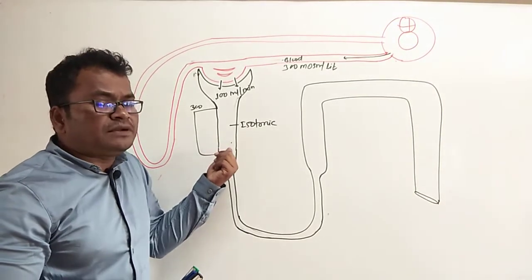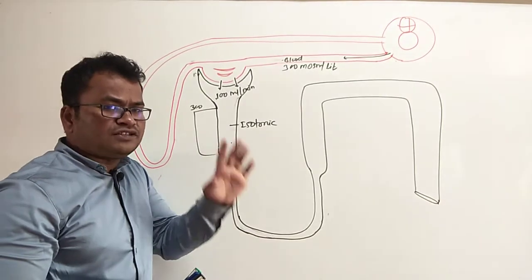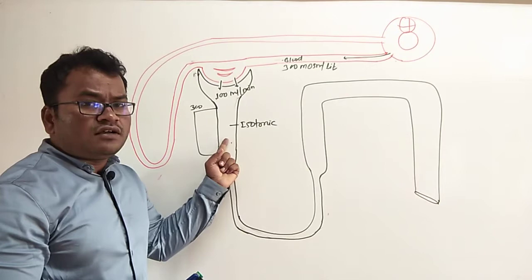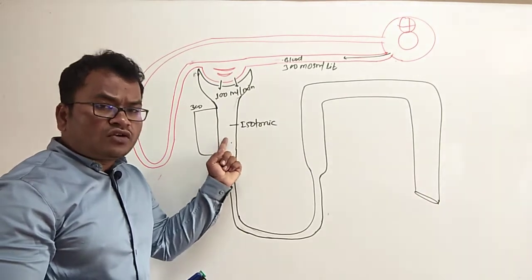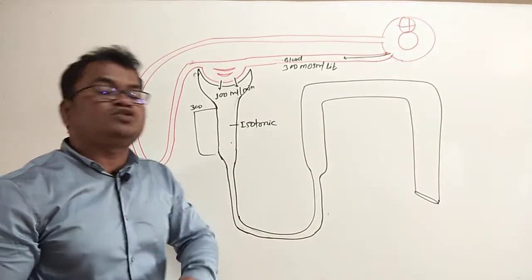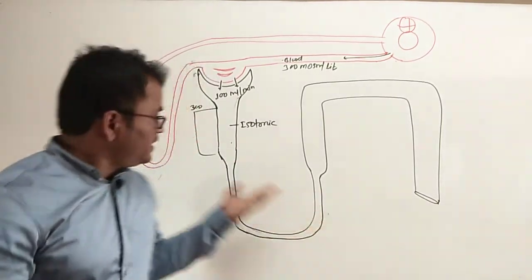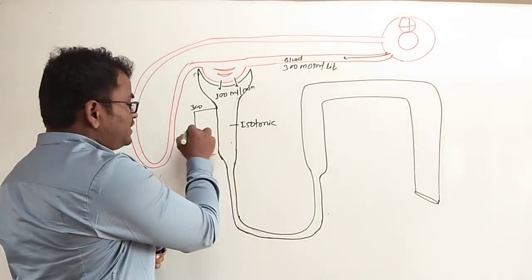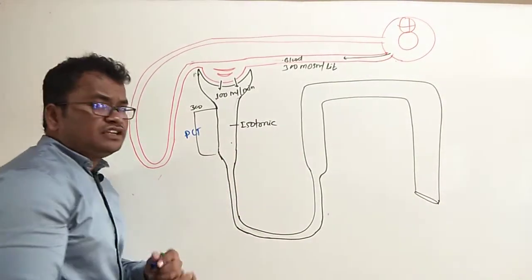Nearly 70% of the filtrate is reabsorbed, and 100% of glucose is reabsorbed. Nutrients, electrolytes and water are absorbed from this filtrate. Hence the filtrate becomes isotonic, because the same amount of solvent and solute is absorbed. So in the PCT, the filtrate is isotonic.